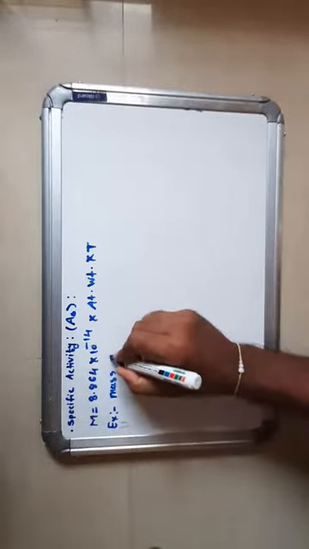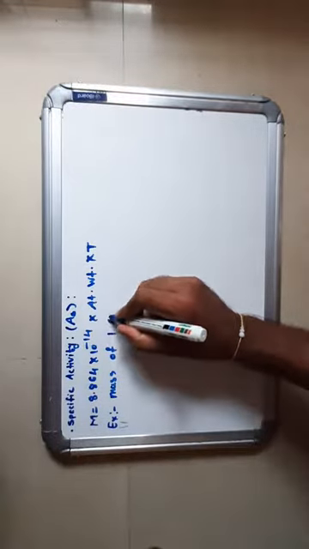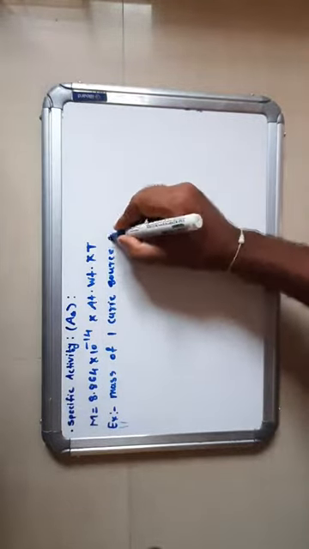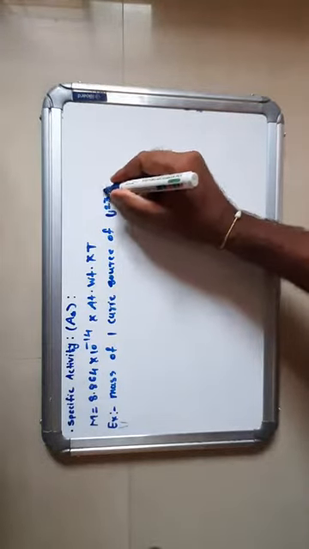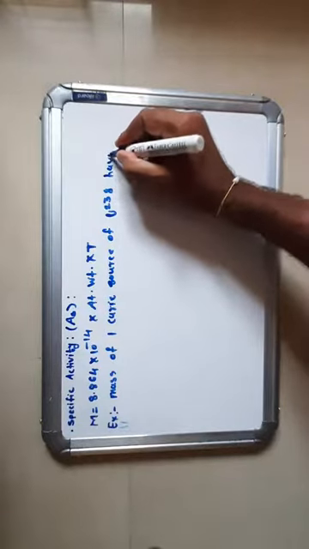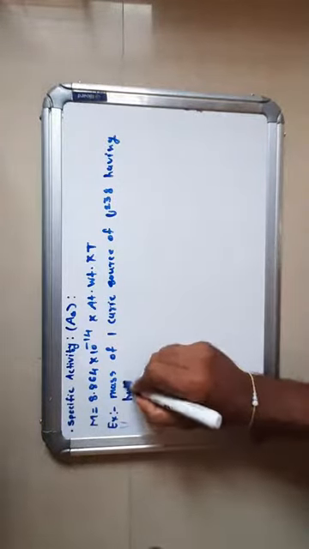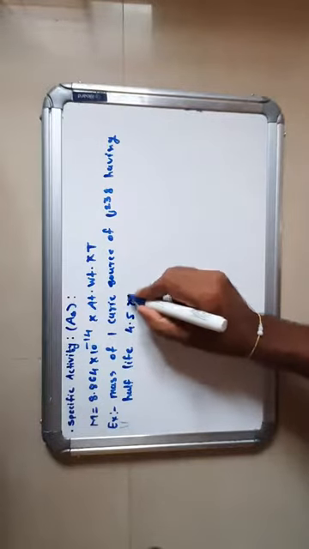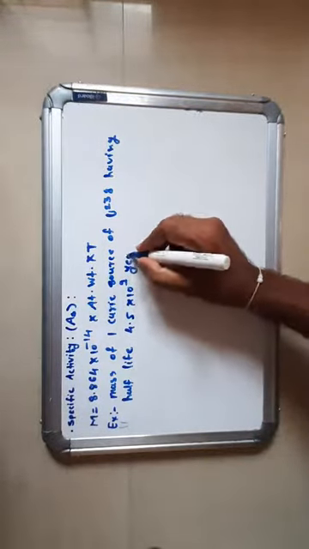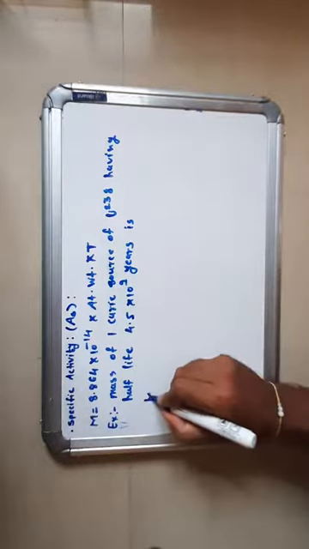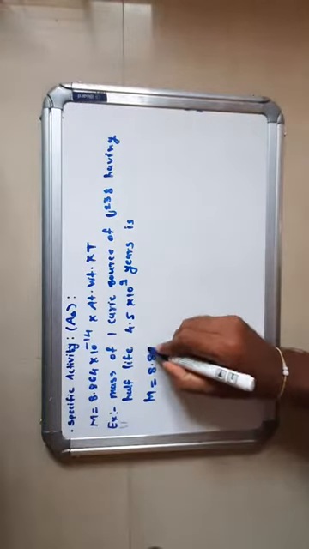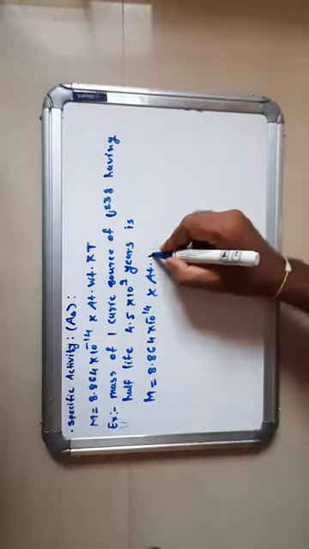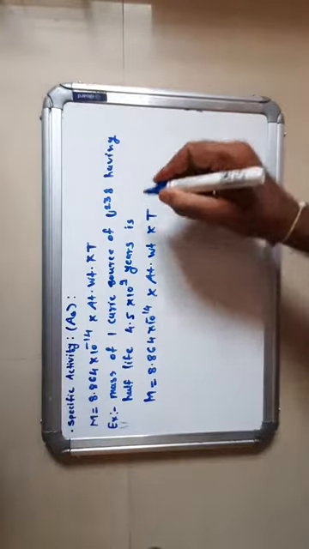Mass of 1 curie source of uranium 238 having half-life 4.5 into 10 raised to 9 years is capital M is equal to 8.864 into 10 raised to minus 14 into atomic weight into half-life in second, right?